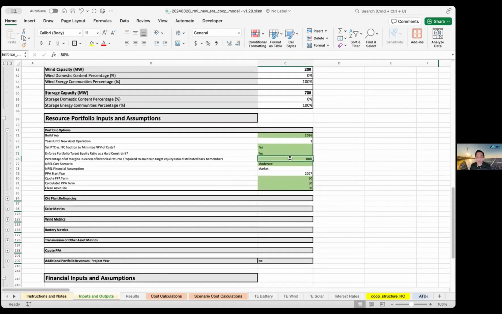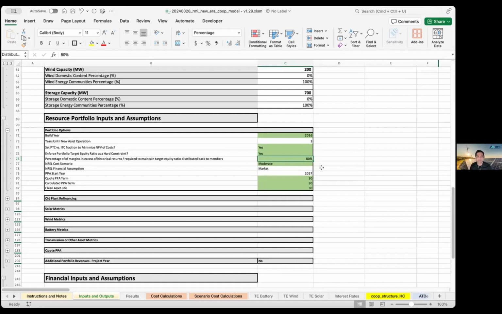Now, similarly, there are some other global choices that you can make. And one of them that's really important here has to do with how the utility deals with what is effectively any margins or excess collections in rates that it might need to collect in order to maintain some of those financial ratios that we've discussed.